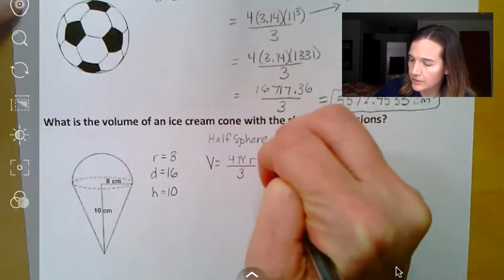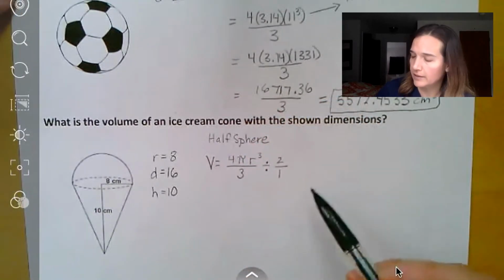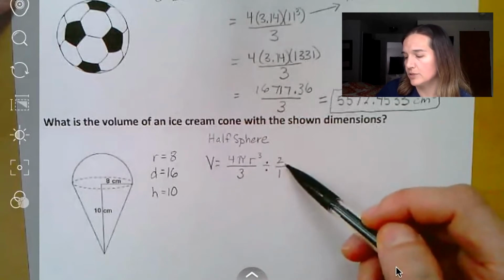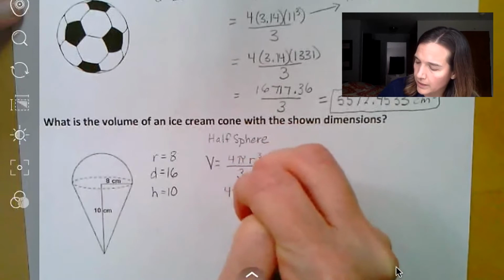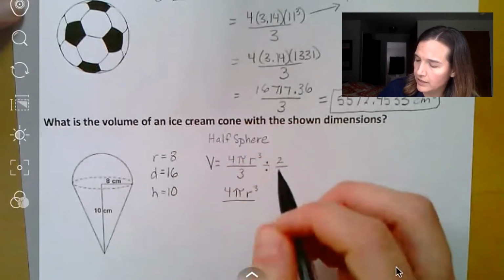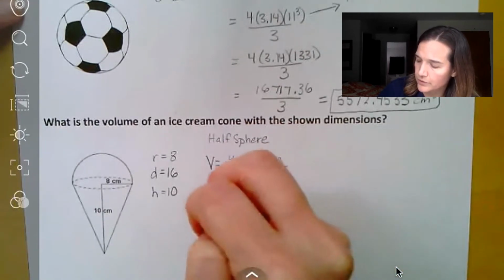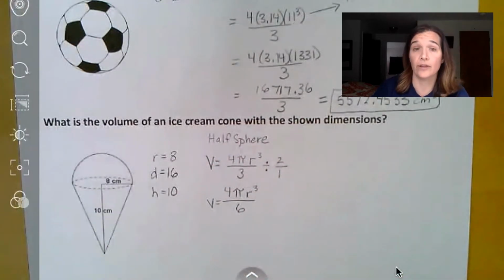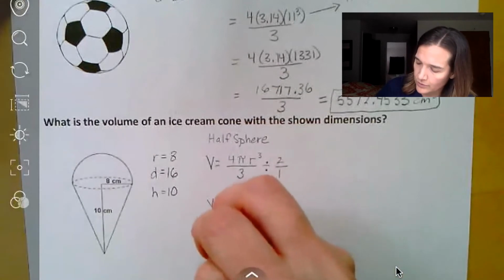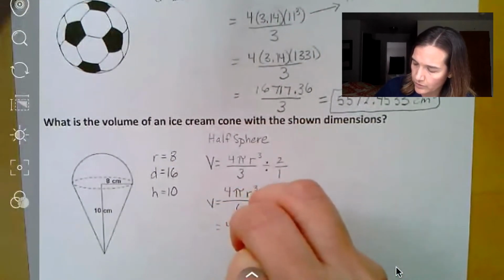If it's divided by 2, and we make that a fraction, and then we multiply by its reciprocal, you'll find that this is actually going to be 4 pi radius cubed divided by 2 times 3 is 6. So that's going to be the formula we end up using because we only have half a sphere and not a full thing.